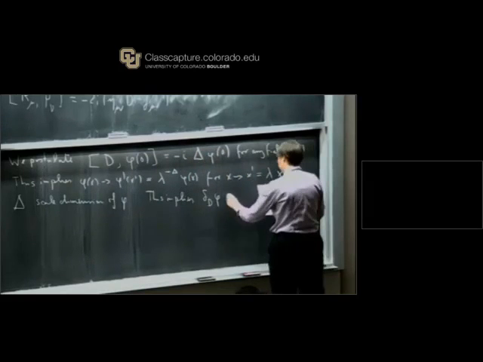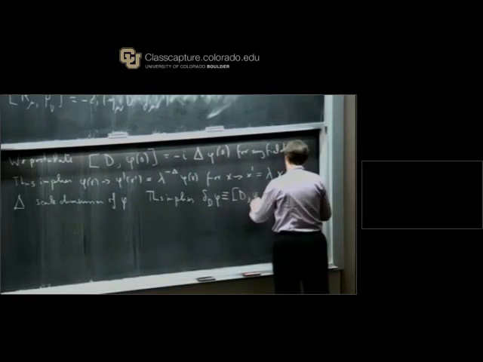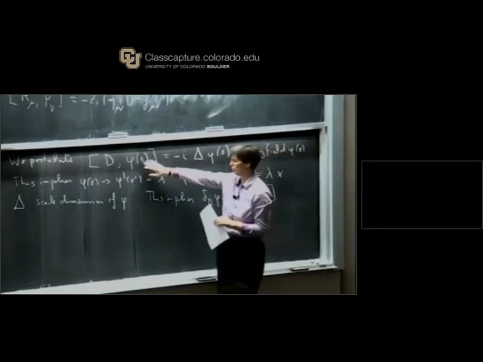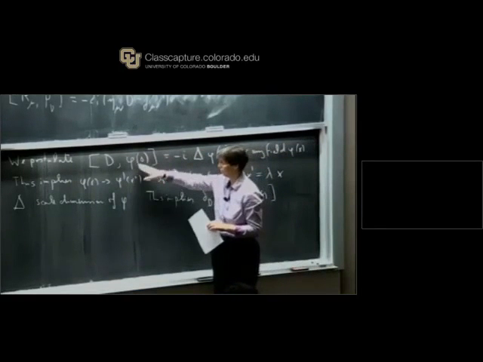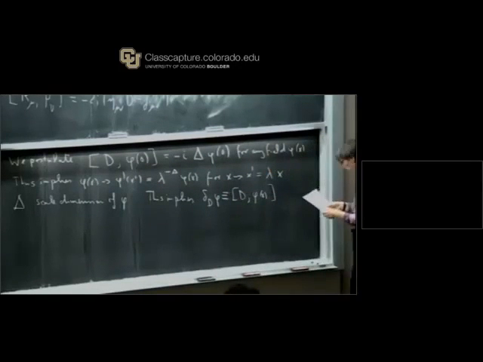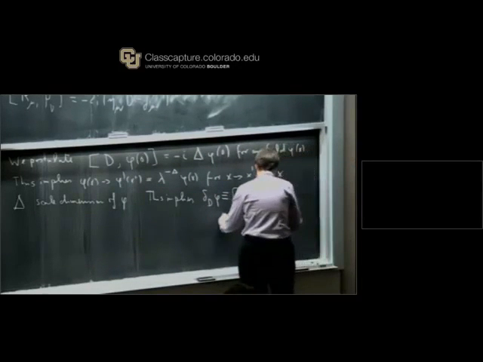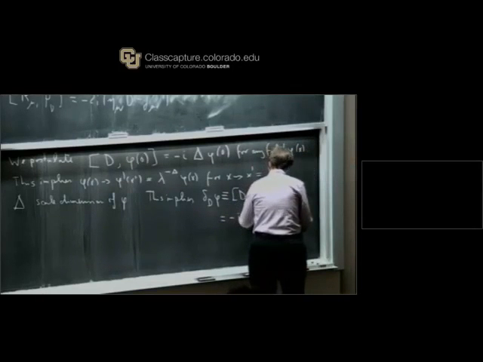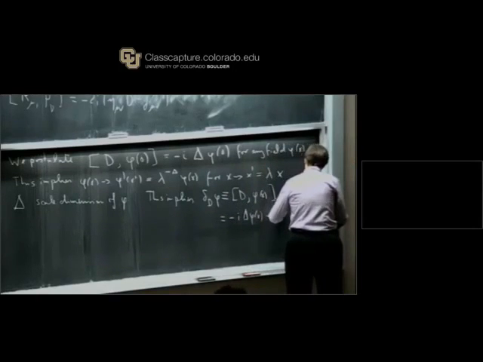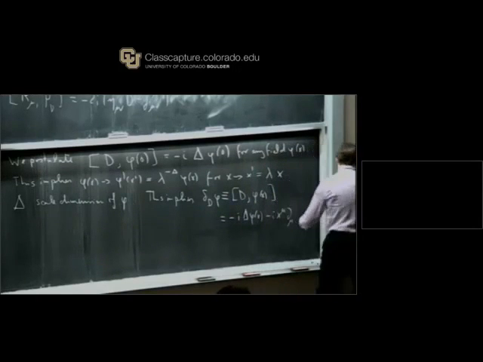Associated to this transformation, which is just defined as this commutator. Here I gave you the relation for x being 0, but by applying the translation operator, you can, from this result, infer the result for any x. And the result for any x will be minus i delta phi of x, and then you get a term from the translation, which is minus i x^mu del_mu phi of x.